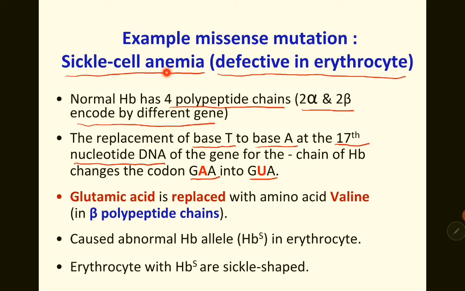Initially GAA is coded for glutamic acid. After it is substituted to become GUA, it will be coded for valine instead in the beta polypeptide chains. It causes an abnormal hemoglobin allele in our erythrocyte. So now the erythrocyte, our red blood cell, will be sickle shape.